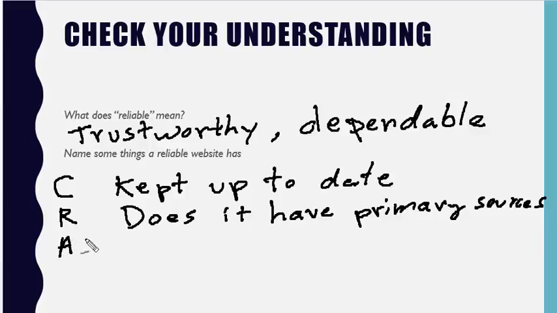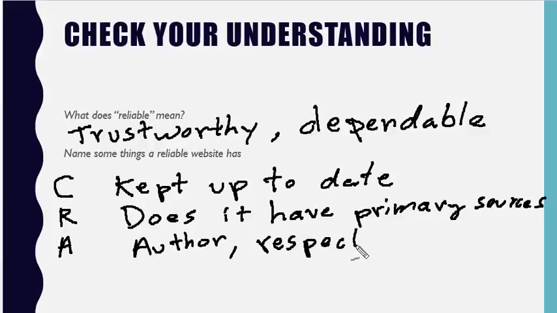A is for authority. That's right. It's got to have an author. And then there was another A. It has to be from a respected organization. We'll just put org. Just respected org.